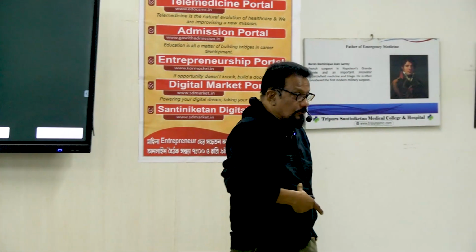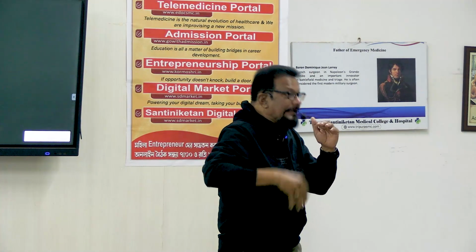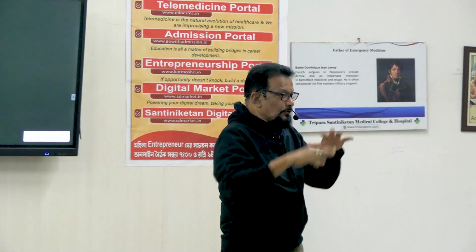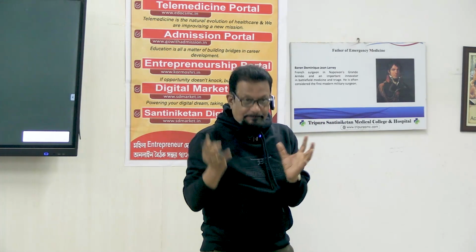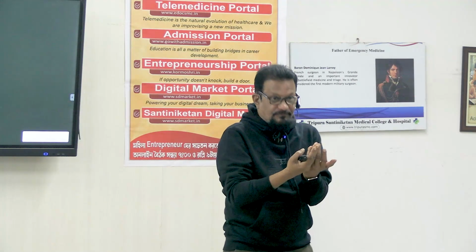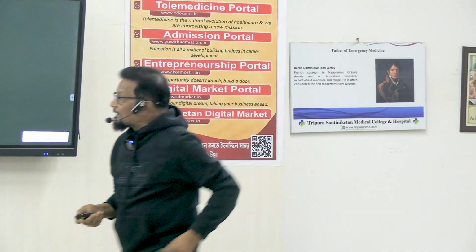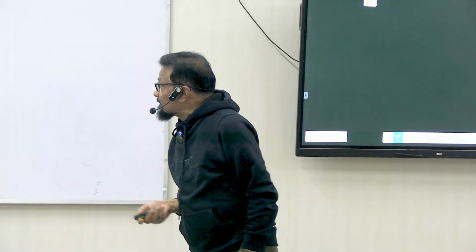Another is decreased clearance of contents of the esophagus into the stomach. Again, decreased emptying of the stomach into the intestine. When there is delayed emptying of the stomach, the contents may come out into the esophagus. So this is another reason that causes GERD.